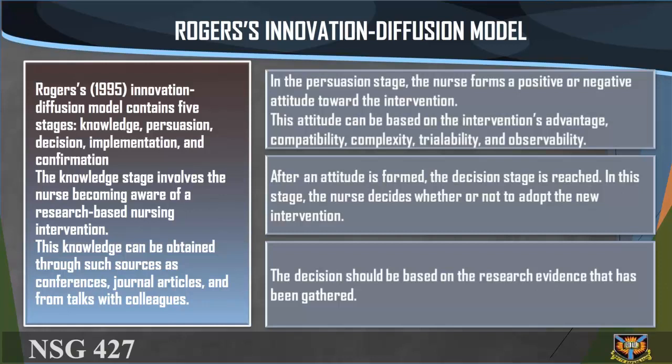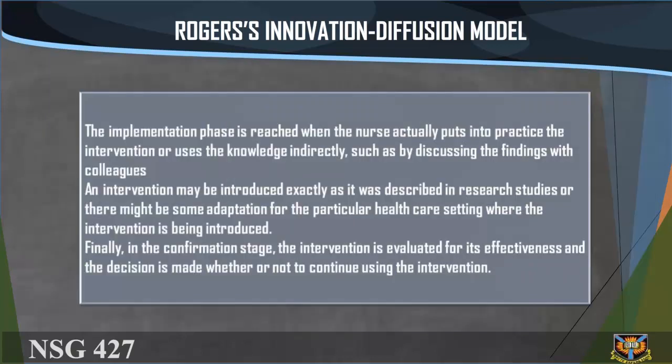This attitude can be based on the intervention's advantage, compatibility, complexity, trialability, and observability. After an attitude is formed, the decision stage is reached. In this stage, the nurse decides whether or not to adopt the new intervention. The decision should be based on the research evidence that is being gathered.